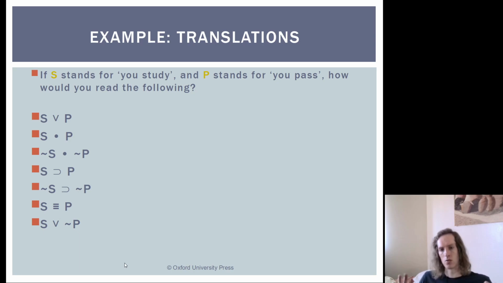And it'll help you, I think, grasp and understand the logical structure of what you're working with a little bit more. In situations where you have actual content, in this case, like you study and you pass, it can be helpful to consider the content in terms of what the logical operations are, but it can also make things more confusing, especially when you get into ifs and only ifs, and things being necessary or sufficient conditions.